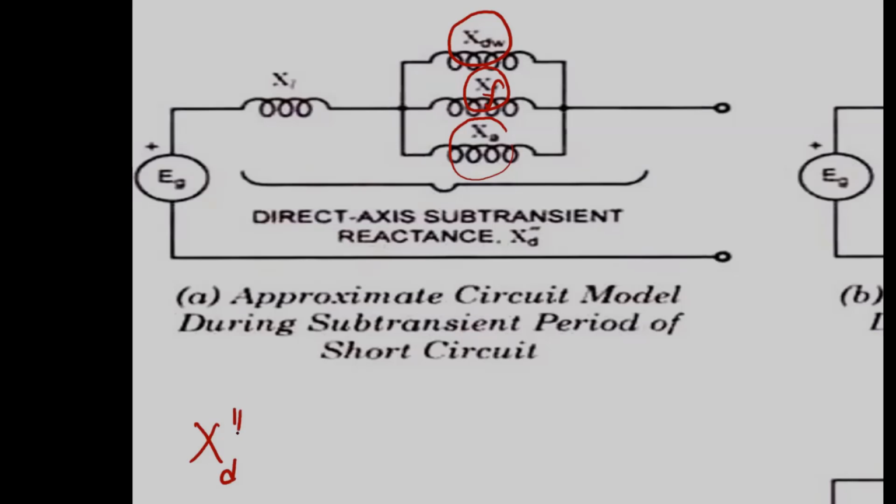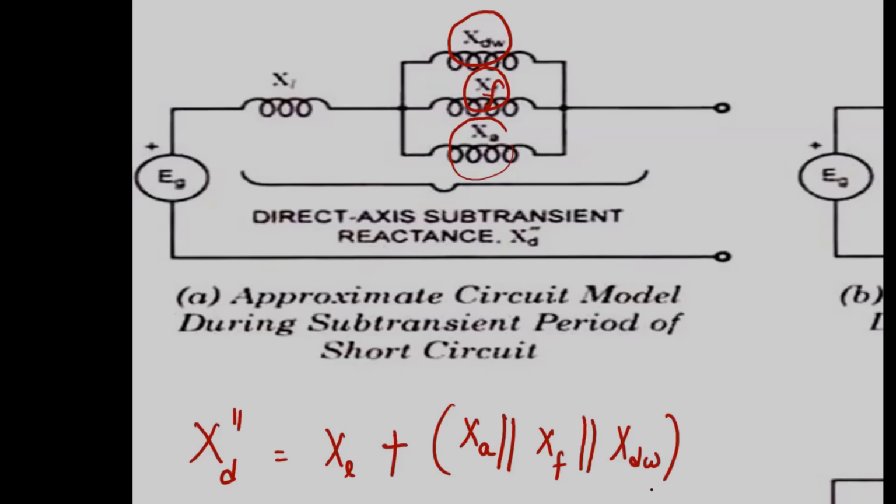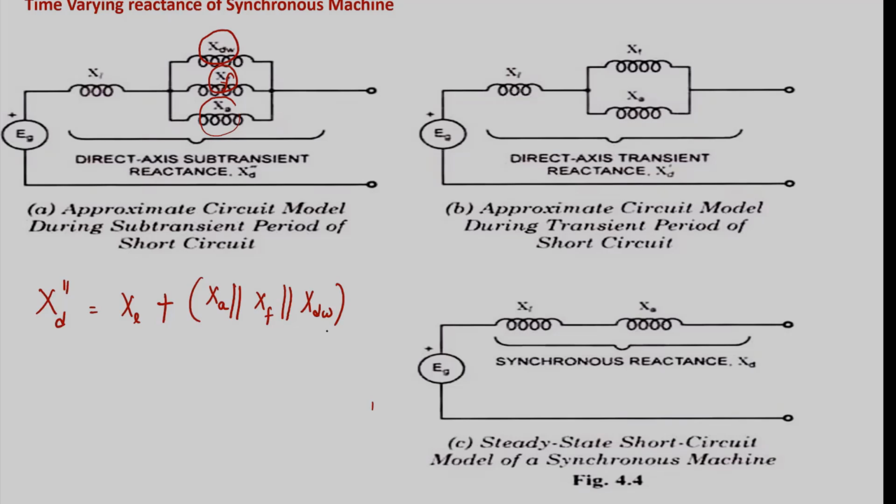This is given by leakage reactance, which is in series with the parallel combination of armature reactance, field reactance, and damper winding reactance. Okay, so the synchronous machine offers subtransient reactance immediately when the short circuit occurs.